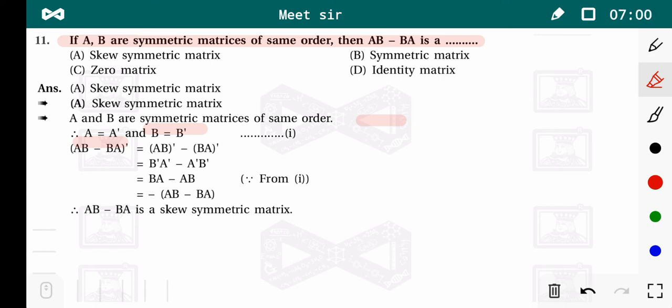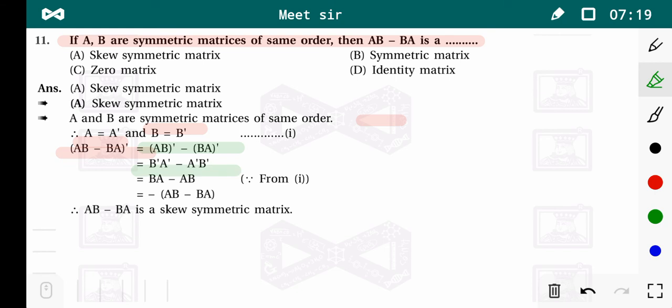Now, we just find the transpose of AB minus BA, that is (AB minus BA) whole dash. It is the same as (AB) dash minus (BA) dash. Now, what is (AB) dash? It is B dash A dash, and (BA) dash is A dash B dash.